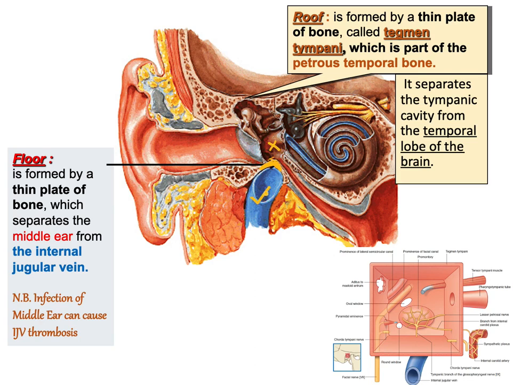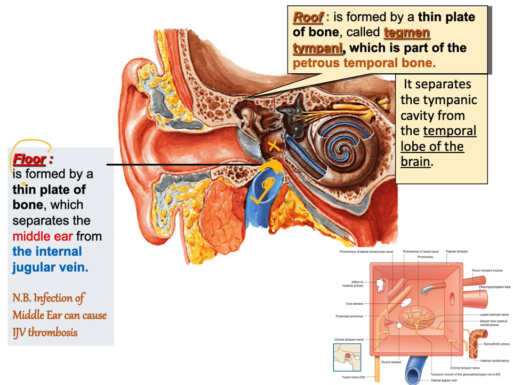If there is infection in the middle ear, it can cause internal jugular vein thrombosis, because it's just separated by a thin plate of bone.